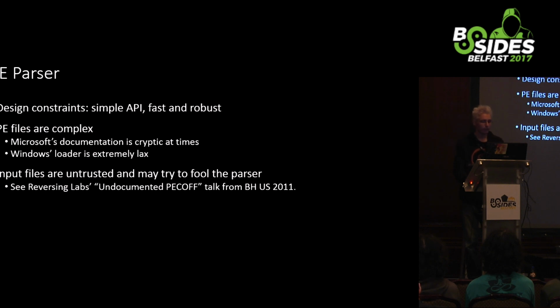There is a very nice presentation from Black Hat US 2011 where people from Reversing Labs discussed all the different pitfalls that they had identified while looking at the PE specification and the way they could maybe crash analysis tools. So yeah, the idea is that I wrote my own PE parser.